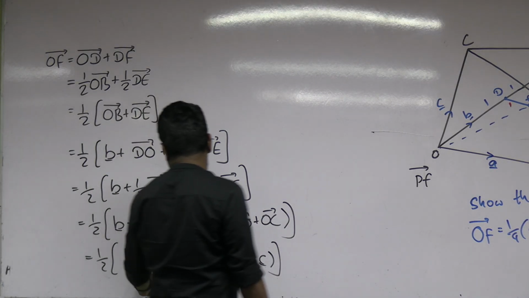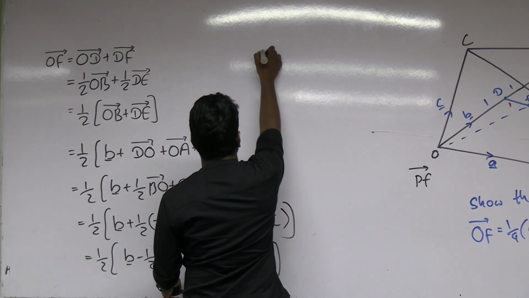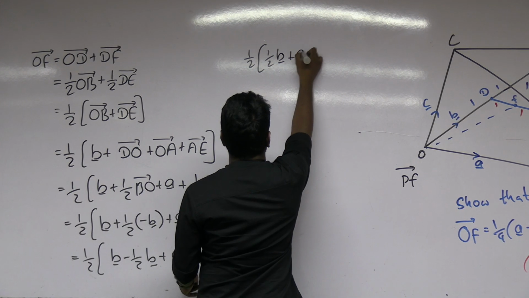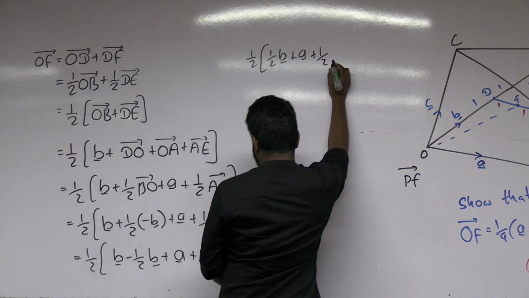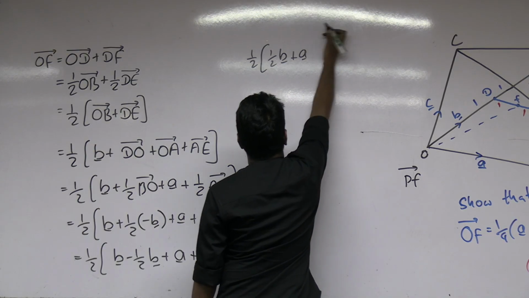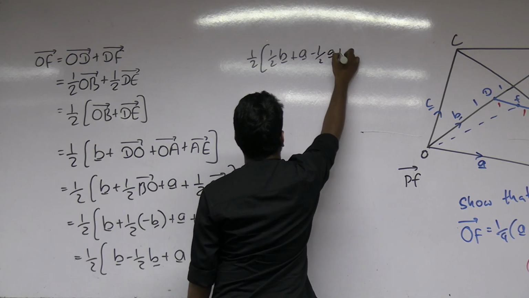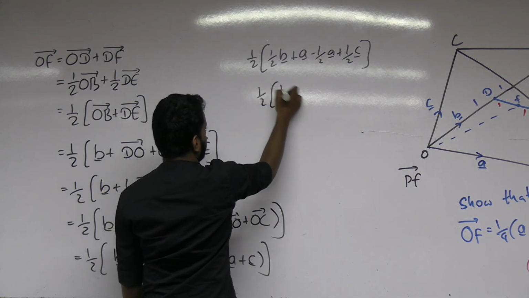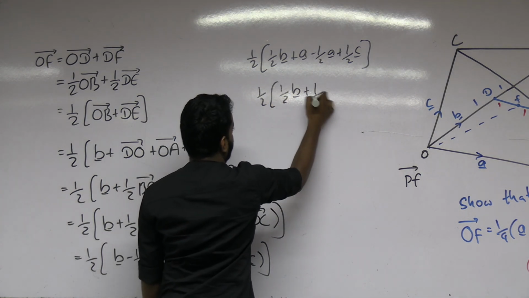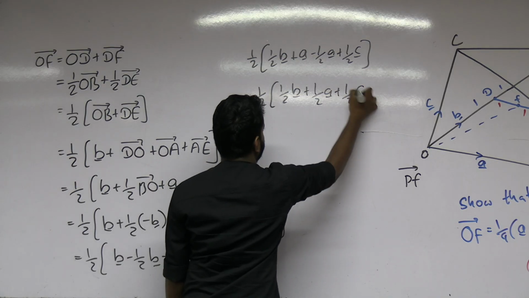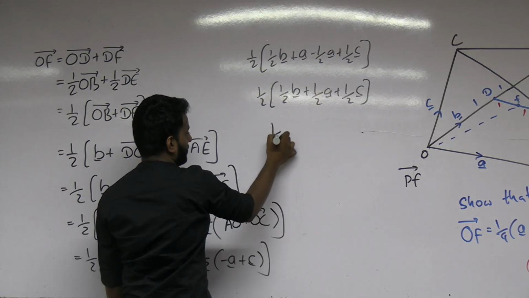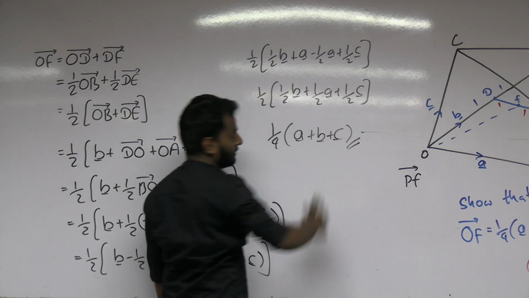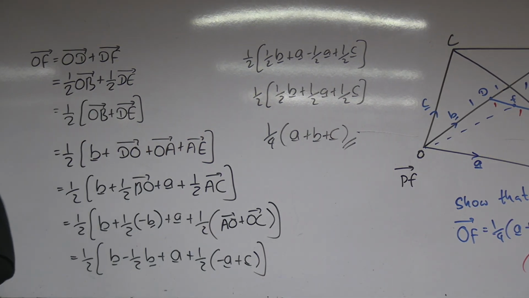So B minus half B is again half of B, and A plus half minus A is minus half A plus half C. A minus half A is half of A, so half B plus half A plus half of C. Now consider half as a common factor: 1 over 4 (A plus B plus C). That's the answer. Okay, right?